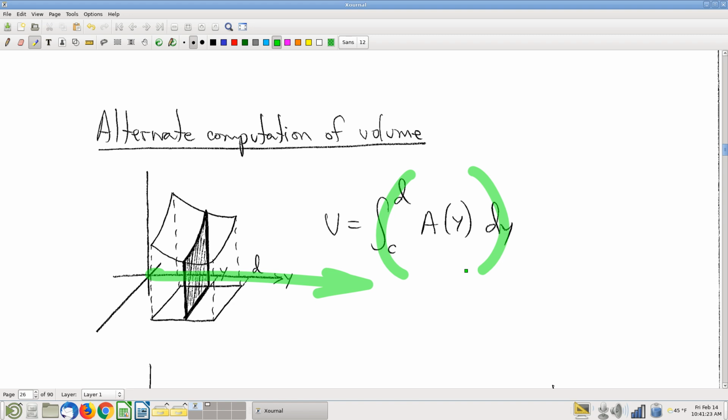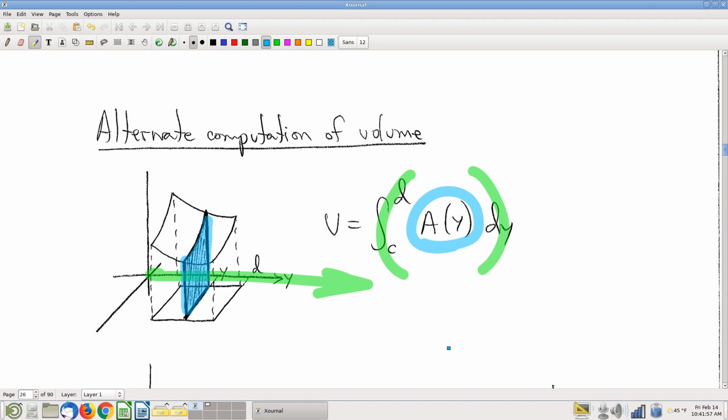So this is a Calc 2 integral, and y'all will probably recall that if you take the cross-sectional area and multiply by thickness of little slices, like think of this as a great big loaf of bread, and you slice it up into a bunch of little slices of bread, then the volume in each slice is area times thickness, and then you add that up over all the slices, that gives you the volume of the loaf of bread.